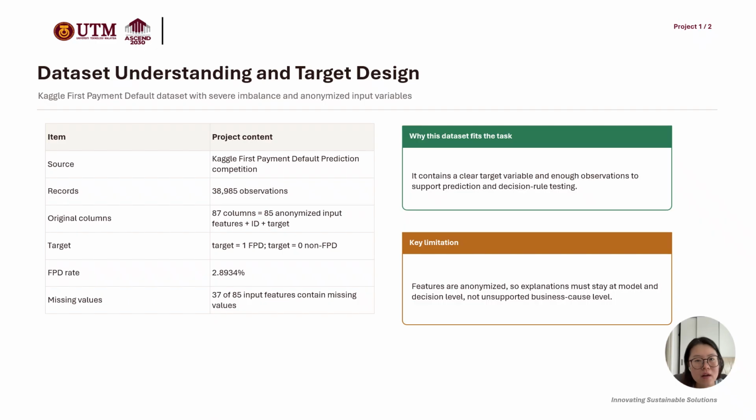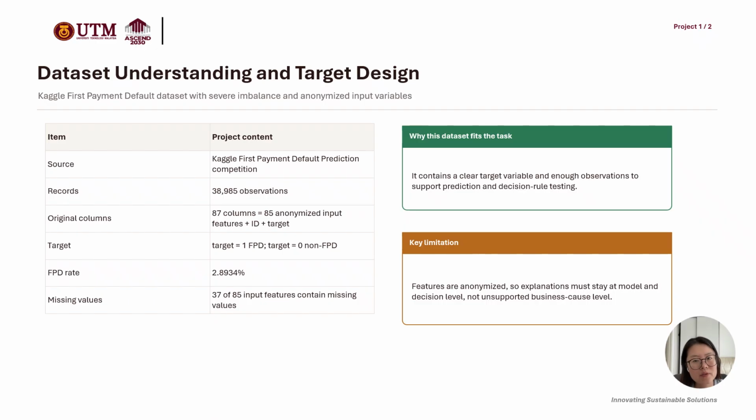Our dataset has 38,985 rows and 87 columns: 85 anonymized features, 1 ID and 1 target. Target equals 1 means FPD, target equals 0 means no default. So the key number is the FPD rate, only 2.89%. This is a severe class imbalance.